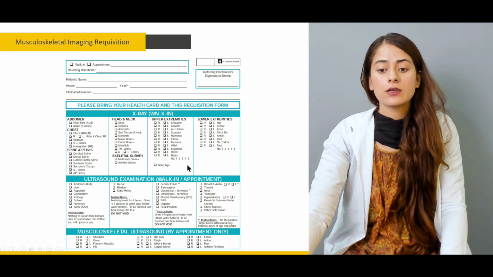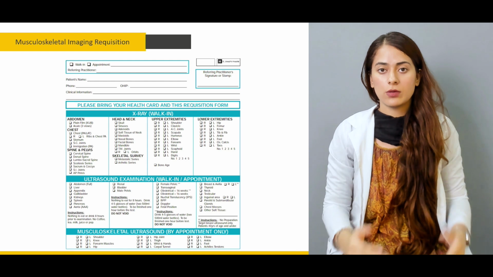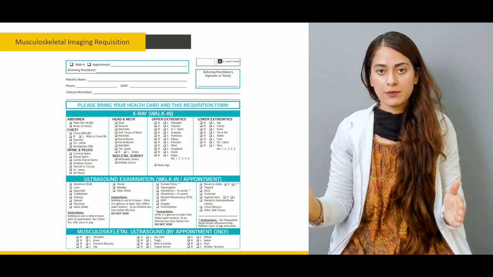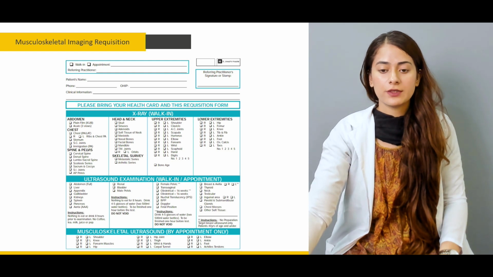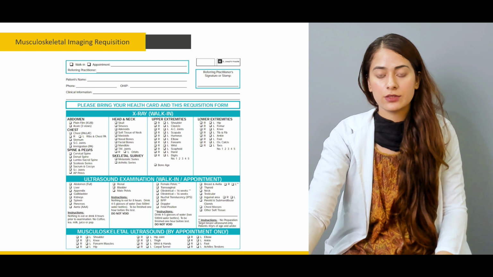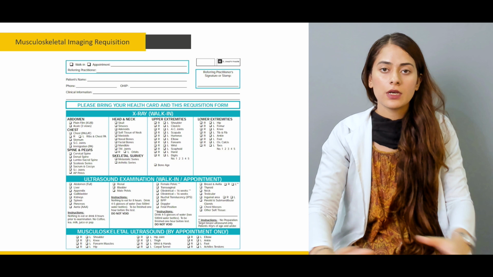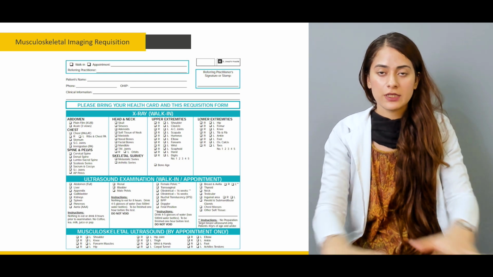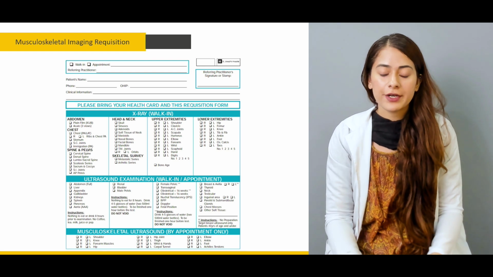So this is appointment based, because there are different days depending on the body segments. There are days for the ultrasound. Normally, to get an X-ray, you do not require an initial appointment, because X-rays can be done on the entire body, and no special technique is required.